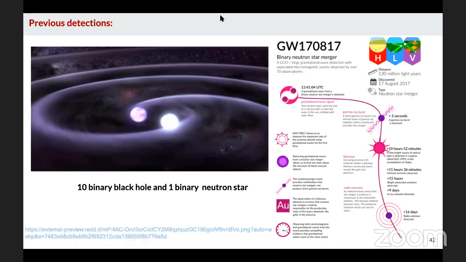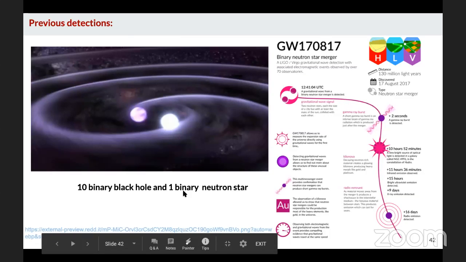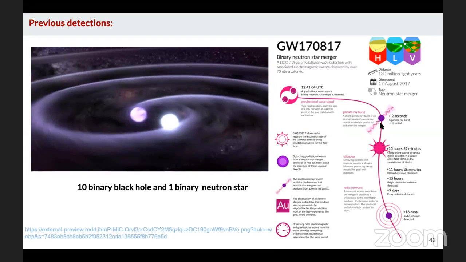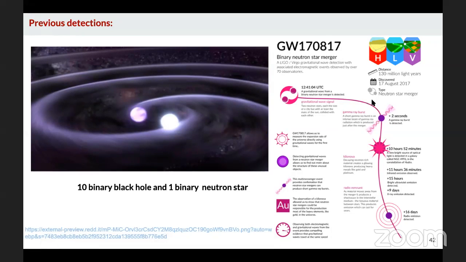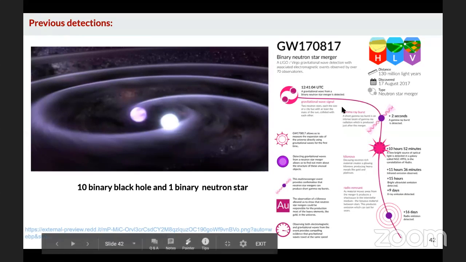Now, summarizing, we have detected previously 10 binary black holes and one binary neutron star. This was remarkable because it was also seen in other wave bands. We also see an optical EM counterpart, and later on we also saw emission in the radio band. Further analysis gave information about the galaxy it was residing in.